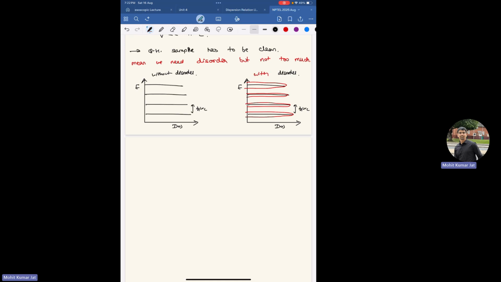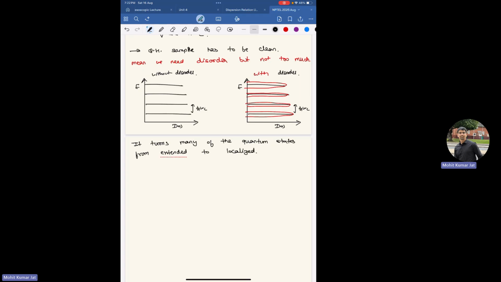There is a second effect of disorder. It turns many of the quantum states from extended to localized.